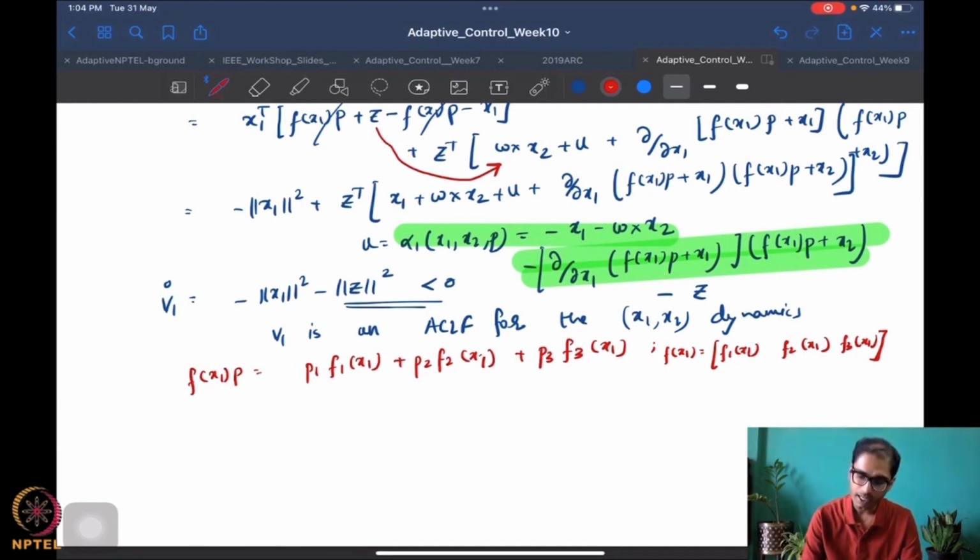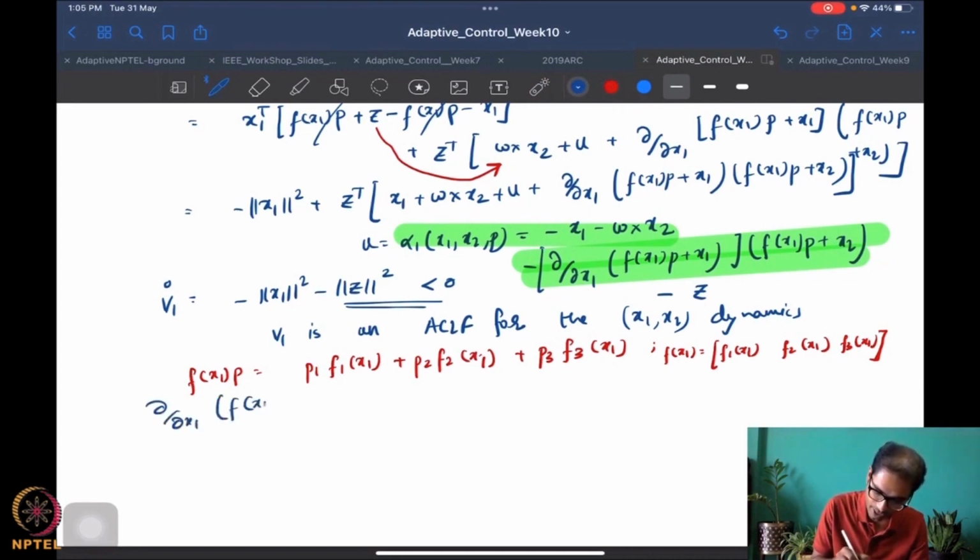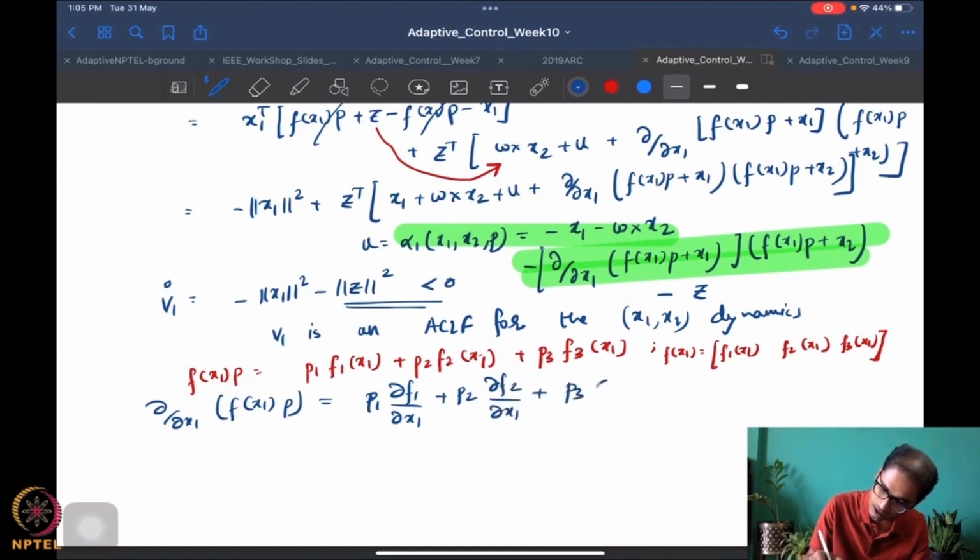Now if I take the partial, del x1 of f(x1) p is going to be p1 del f1 del x1 plus p2 del f2 del x1 plus p3 del f3 del x1.